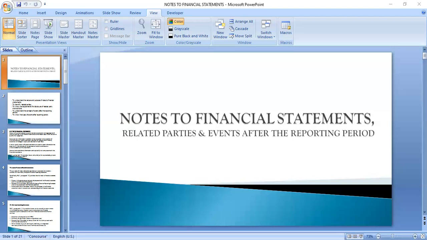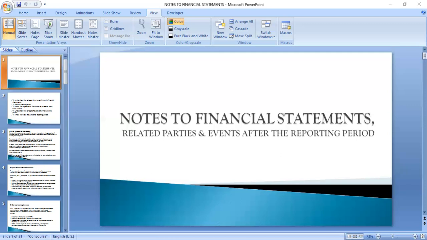So first, we have the statement of compliance with PFRS, summary of significant accounting policies used, supporting information or computation for line items presented in the financial statements, and other disclosures such as contingent liabilities, unrecognized contractual commitments, and non-financial disclosures.